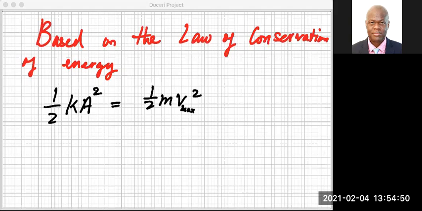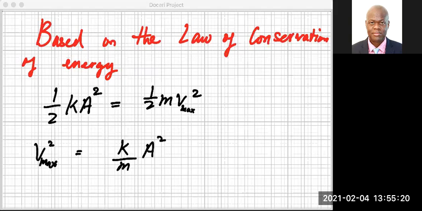So from here, the halves can cancel out. And if you divide both sides by m, you have v max squared equals k over m times a squared.